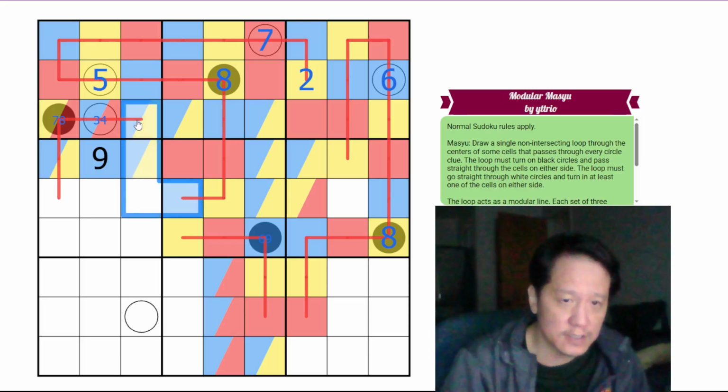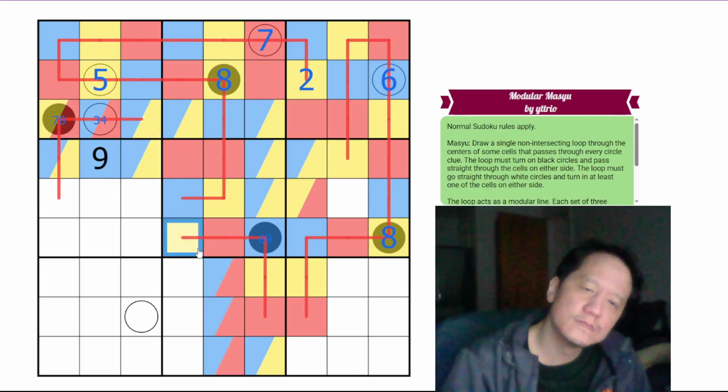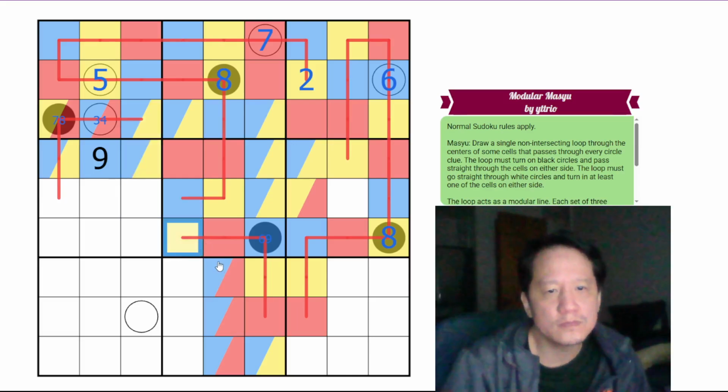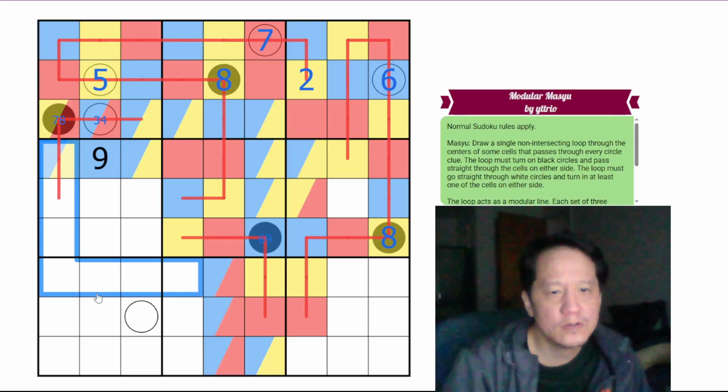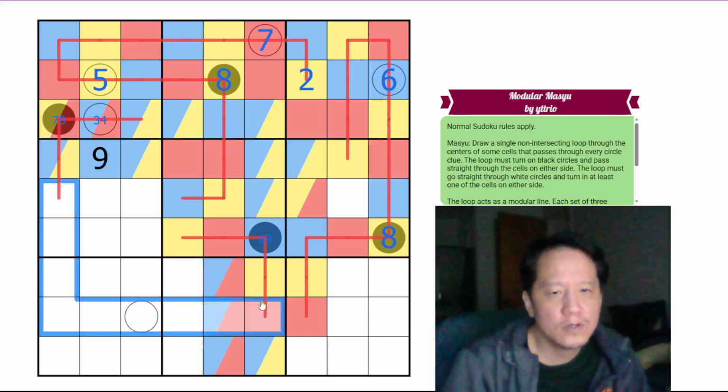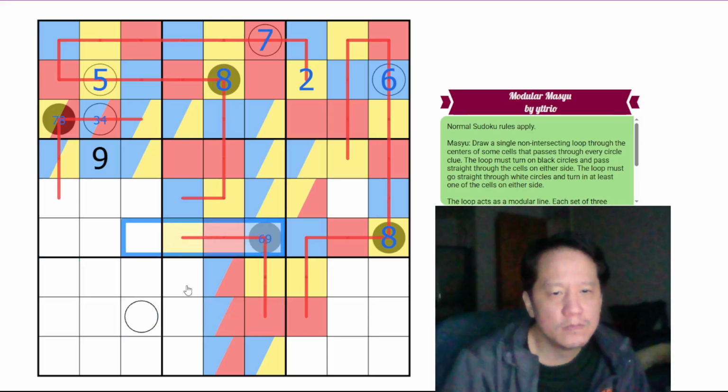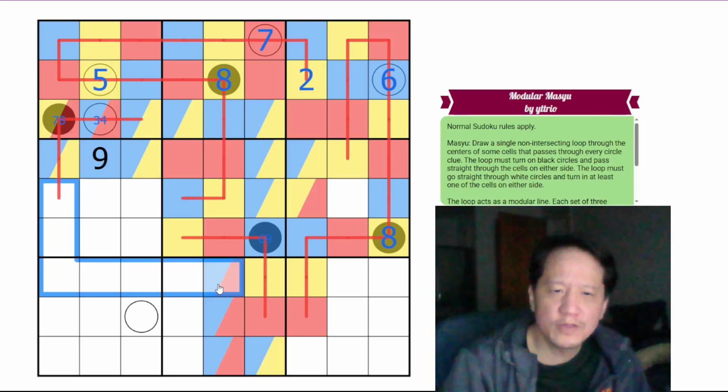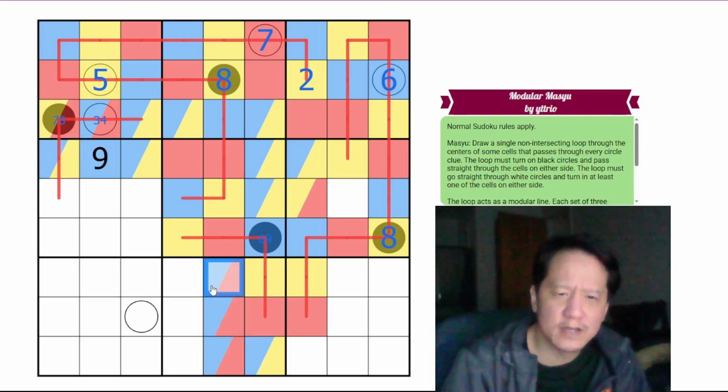So this has to connect that way. So how does it connect to this? It has to go... I don't think that's problematic... I don't think that works.